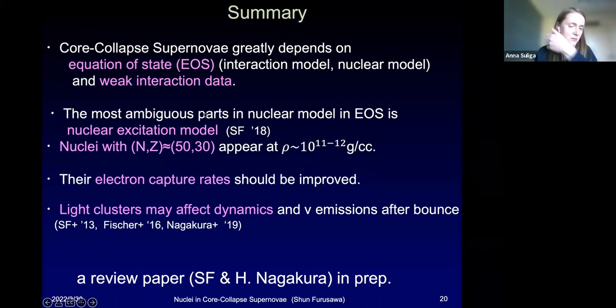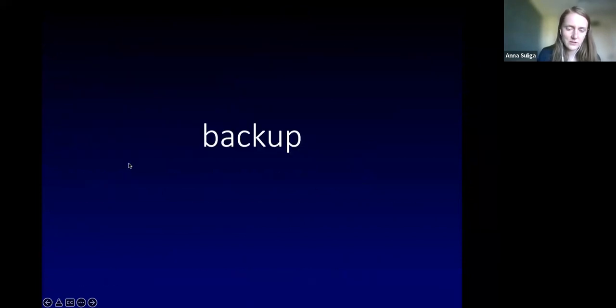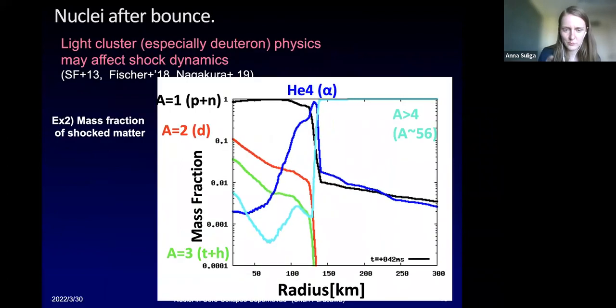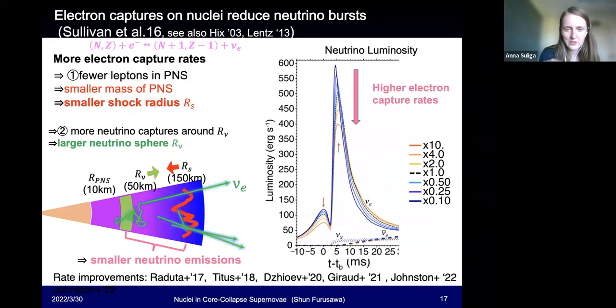So you had the plot where you showed luminosity of neutrinos, and it had two peaks, the big neutronization peak, and then this small pre-burst kind of peak on the right-hand side, this tiny peak. So I can see that it's very sensitive to the electron capture rates. Yes.